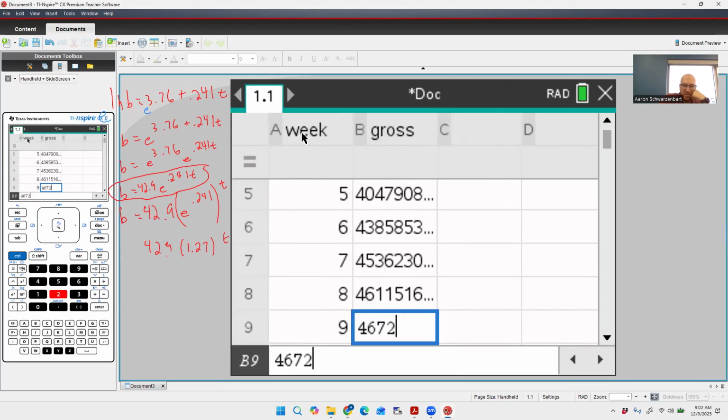And this is what happens sometimes when you get very real data. It takes a while to enter it.